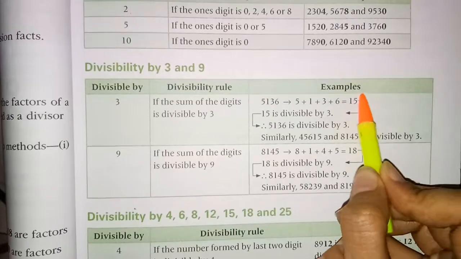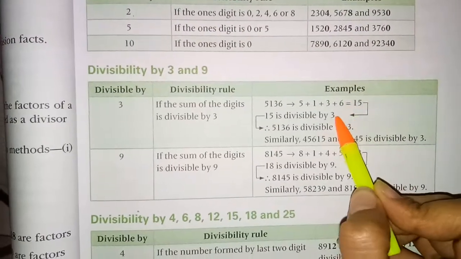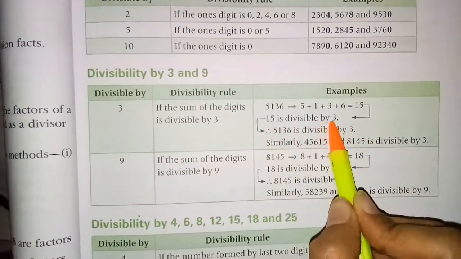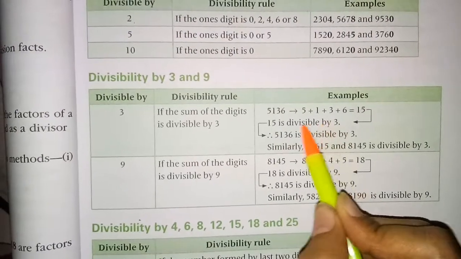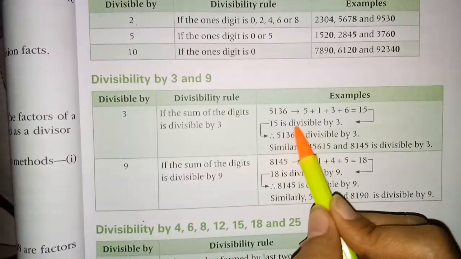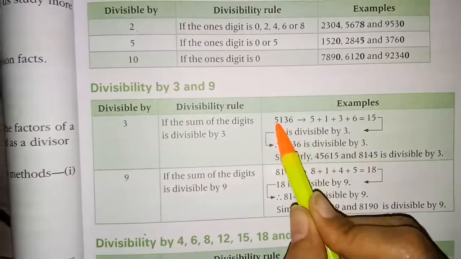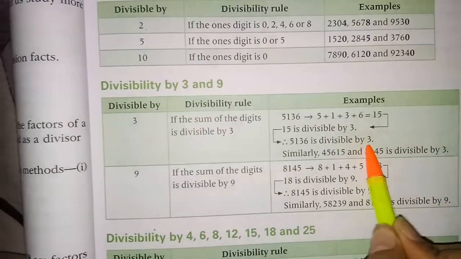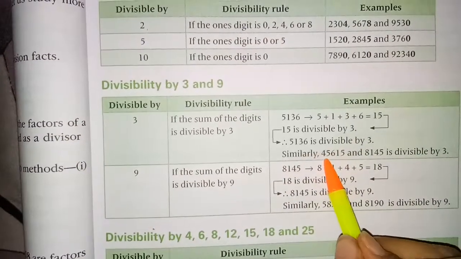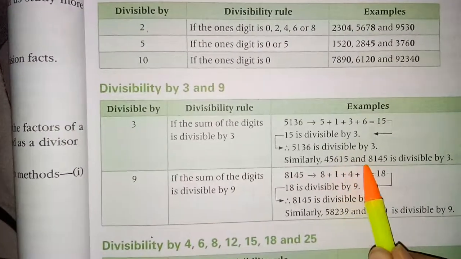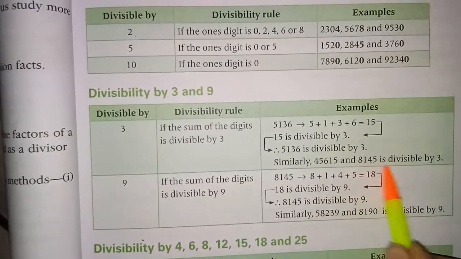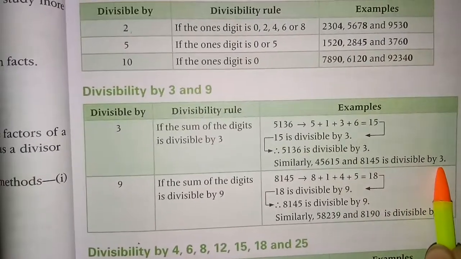Now we have to check whether this 15 is divisible by 3 or not. Here 15 is divisible by 3, 3 5s are 15. So if the sum is divisible by 3, then the number is divisible by 3. Similarly, 45,615 and 8,145 are also divisible by 3.